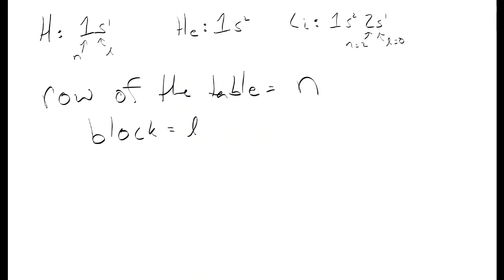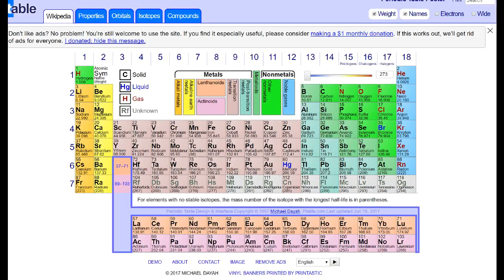So the row of the table tells you N, the block tells you L. So then 3s, 3p, 4s, 3d. Okay, that's something you have to remember. When you go into the D block, your N drops by 1. Similarly, if you're filling in the F block, your N drops by 2. That's an unfortunate difficulty, and it's unavoidable. It's just what you have to do.